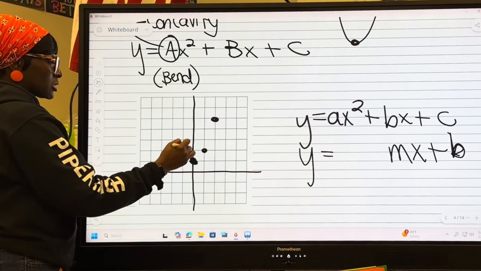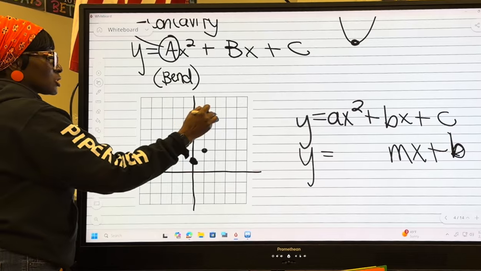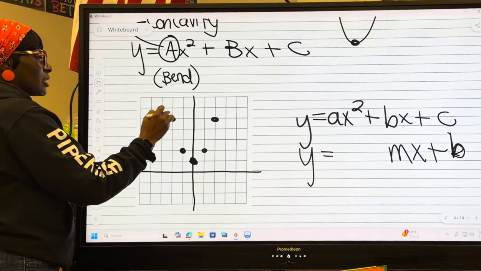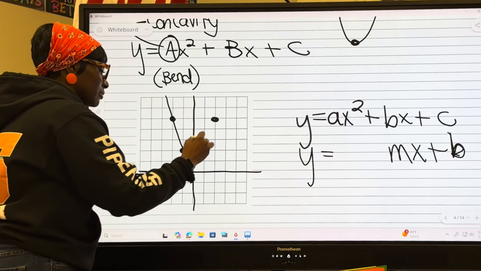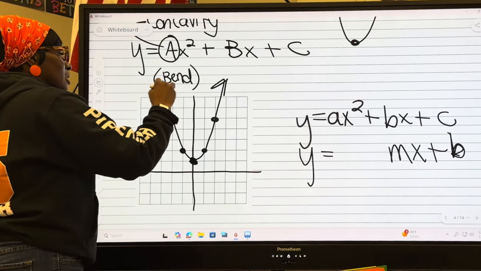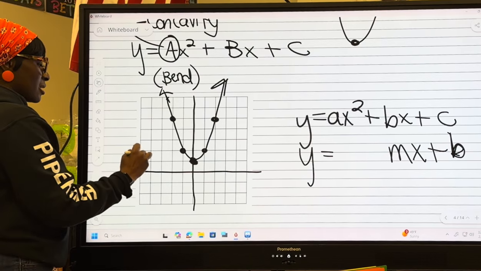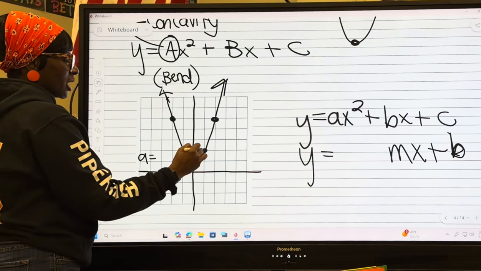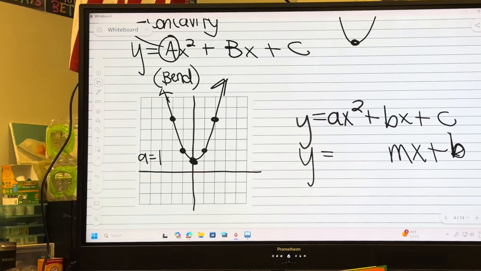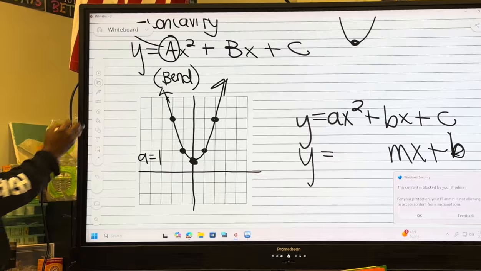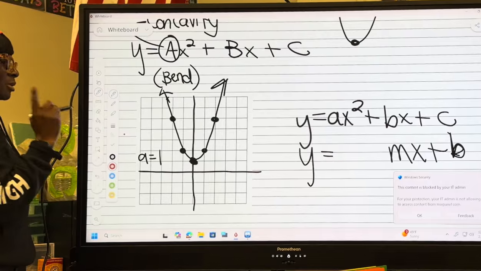If this is 1 to the right, this is going to be 1 to the left. This is 2 to the right, so this is going to be 2 to the left. Do y'all see my parabola that's created? Yes? Okay, now watch this. I went out 1 and up 1, so it was an A of 1. Y'all with me?